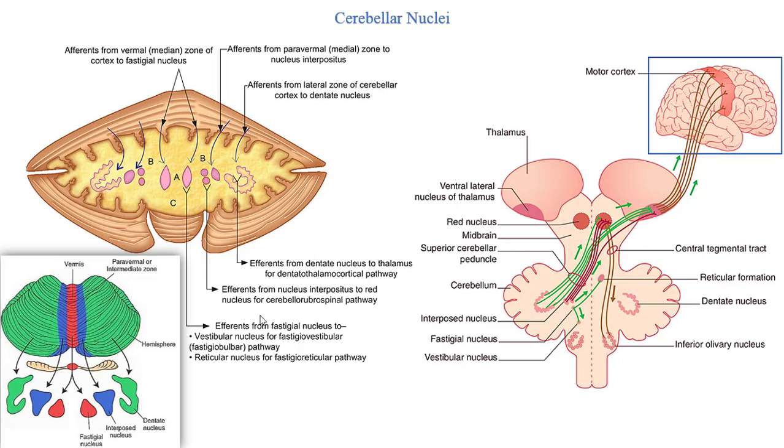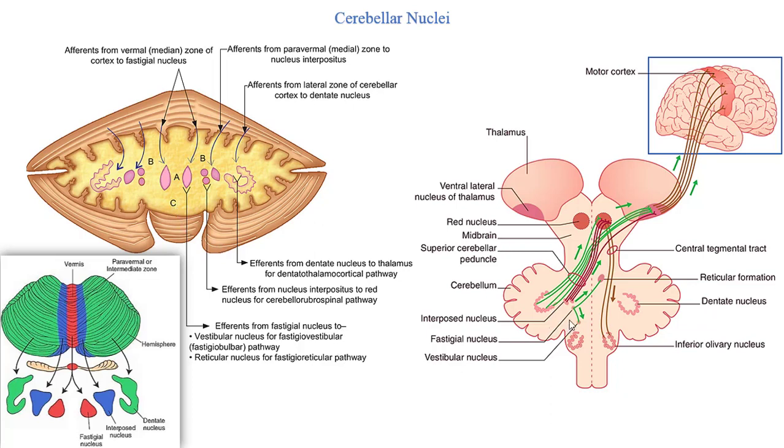The last set of nuclei that we are going to be looking at are the fastigial nuclei. This nucleus is situated in the midline in the vermis and is smaller than dentate nucleus but larger than interposed nuclei. It belongs to archicerebellum, so receives afferents from it.